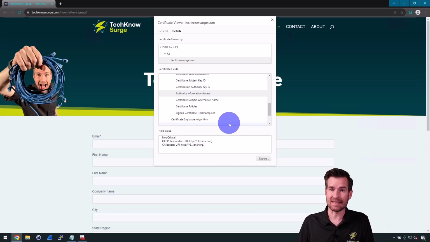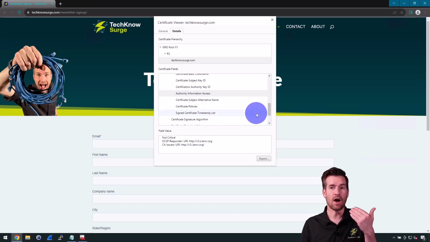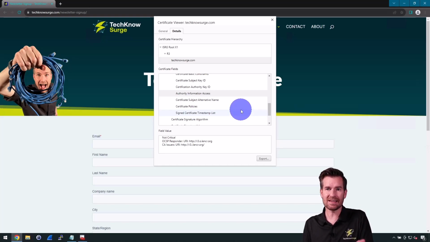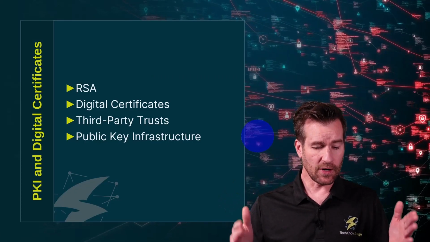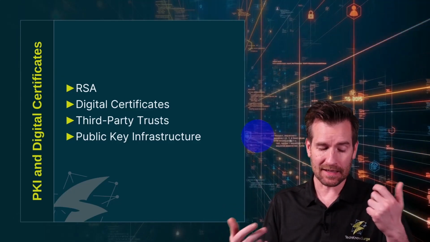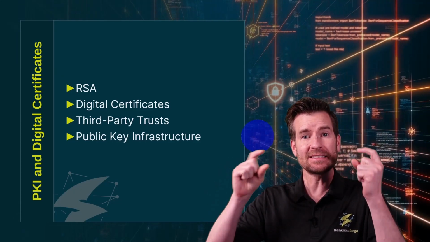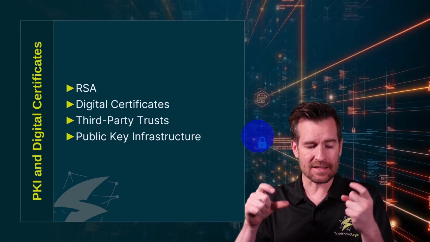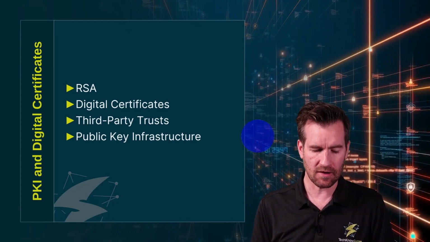That's how it uses that public and private key. That's how it makes sure that the page that I received was in fact encrypted and also was authentic from the correct web servers. In this video, we did a quick review of what RSA is with that public and private key, and how the public key is incorporated into a digital certificate.